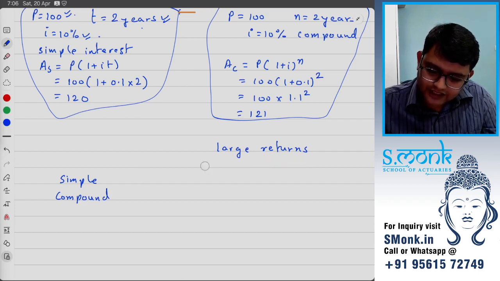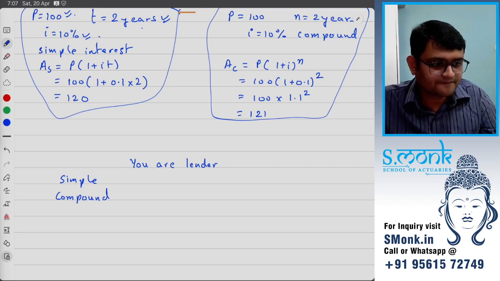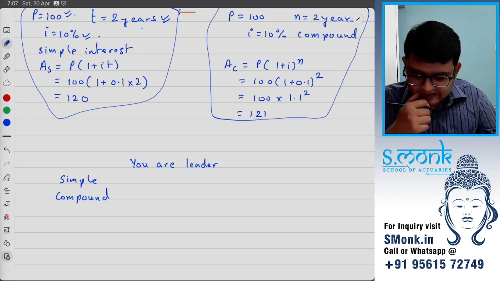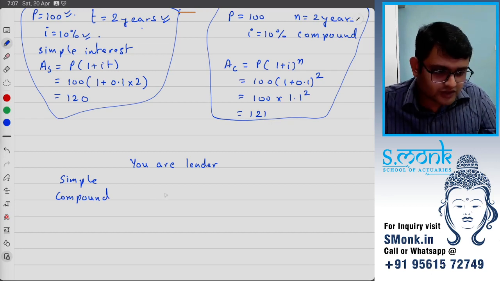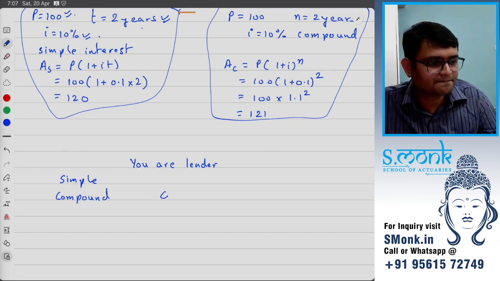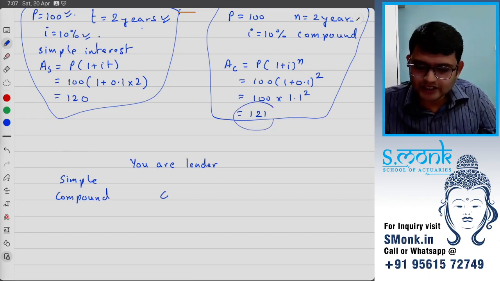So you are the lender. If you are the lender, everybody seems to be going for compound interest. Right? That makes sense. You will earn more money.